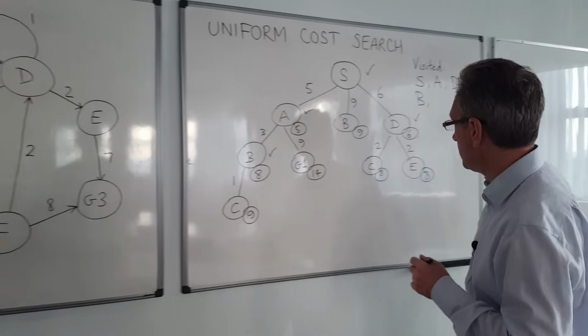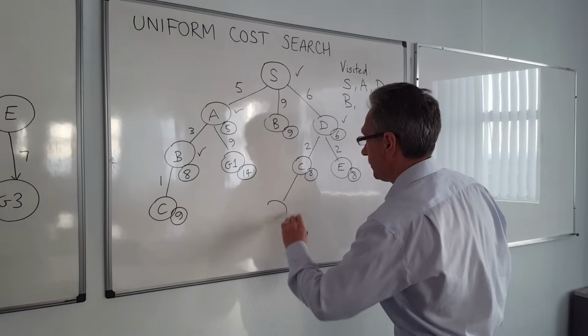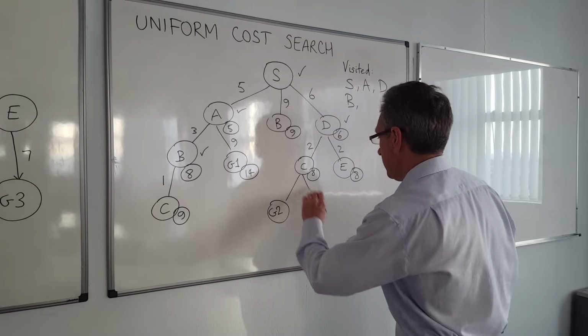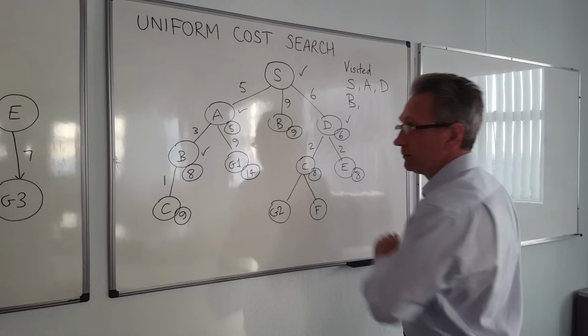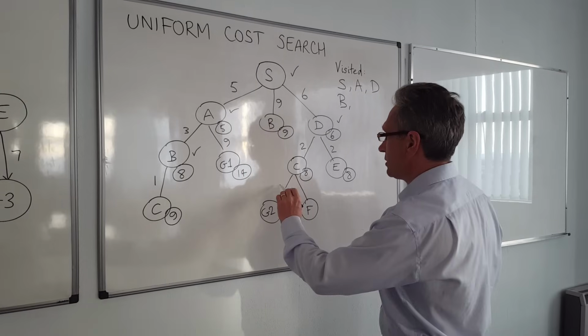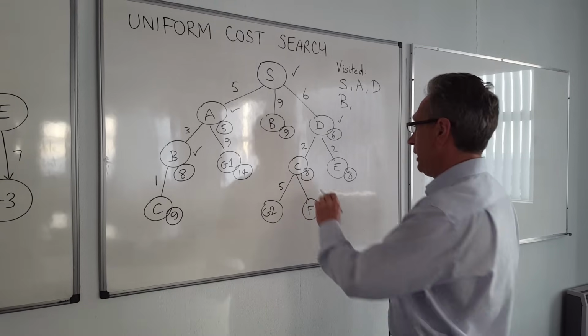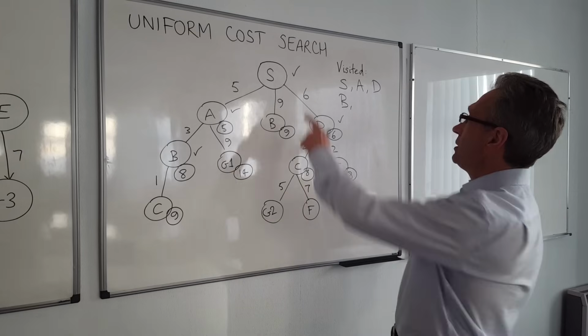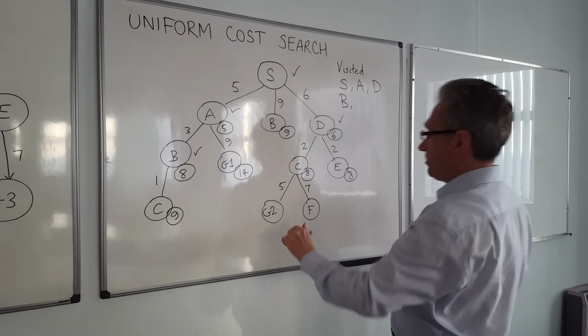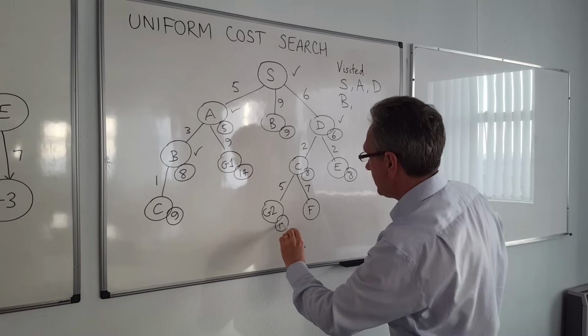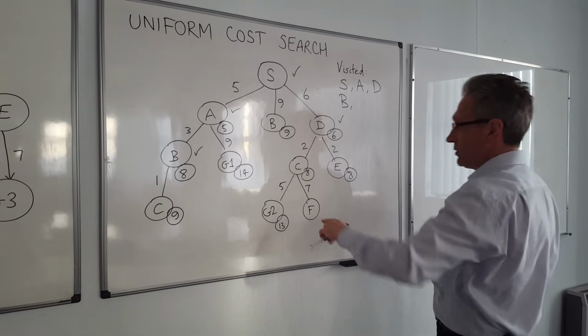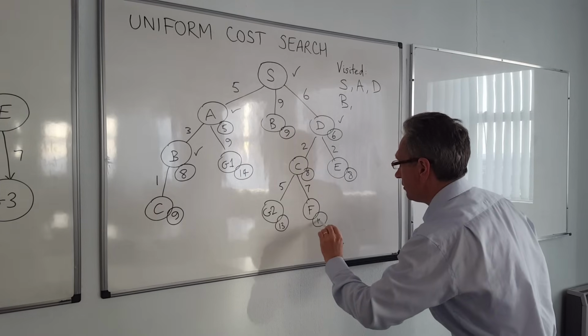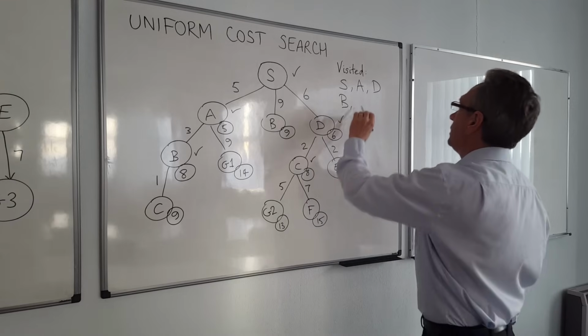So we'll add G2 and F to our tree. G2 will cost us 5, F will cost us 7, so therefore the total cost of this path is 13, and the total cost of this path is 15, and C is visited.